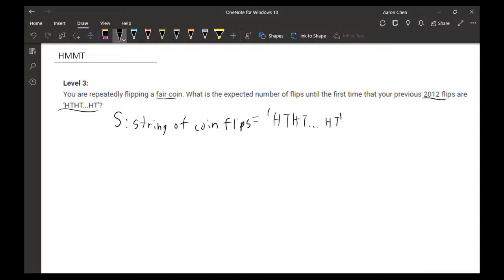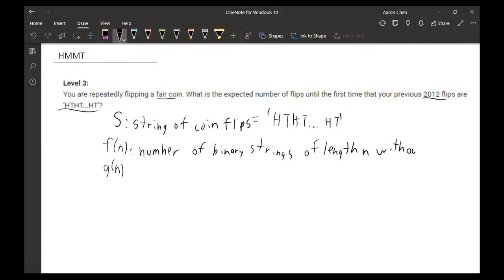Okay, and so now we can define two functions, f of n and g of n. For f of n, we let it be the number of binary strings of length n without s, such that s does not have any appearances.